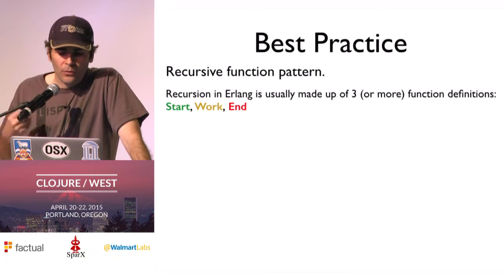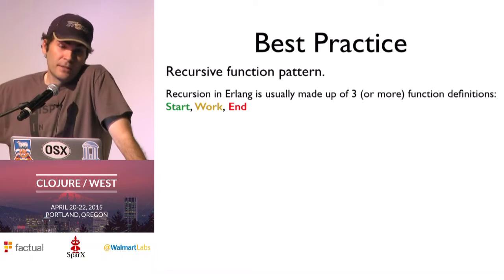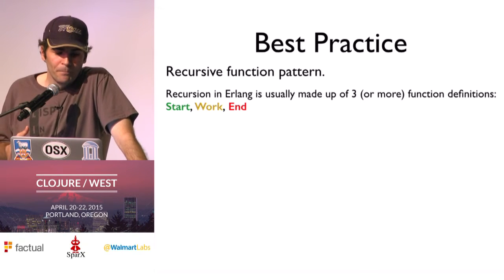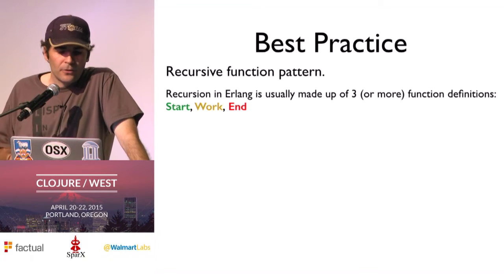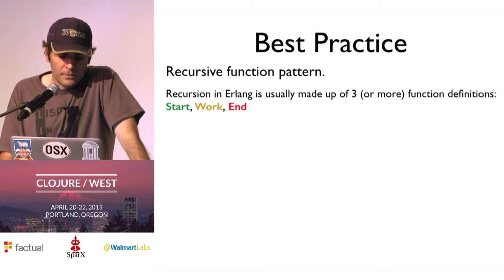Then you have one or more functions doing the work of the recursion, progressing towards some end cases, where eventually you need to stop recursing and return a result. That pattern of start, work, and end is just how recursion is defined within Erlang.